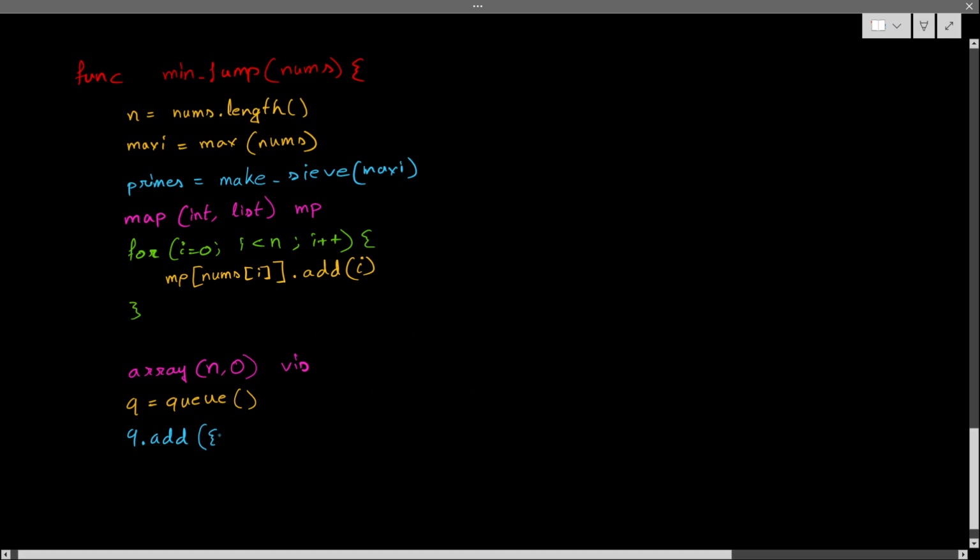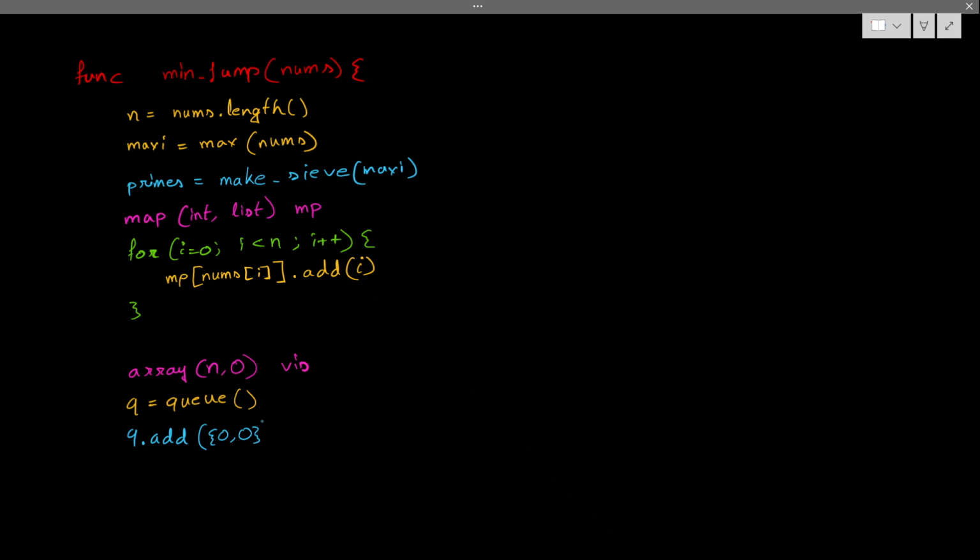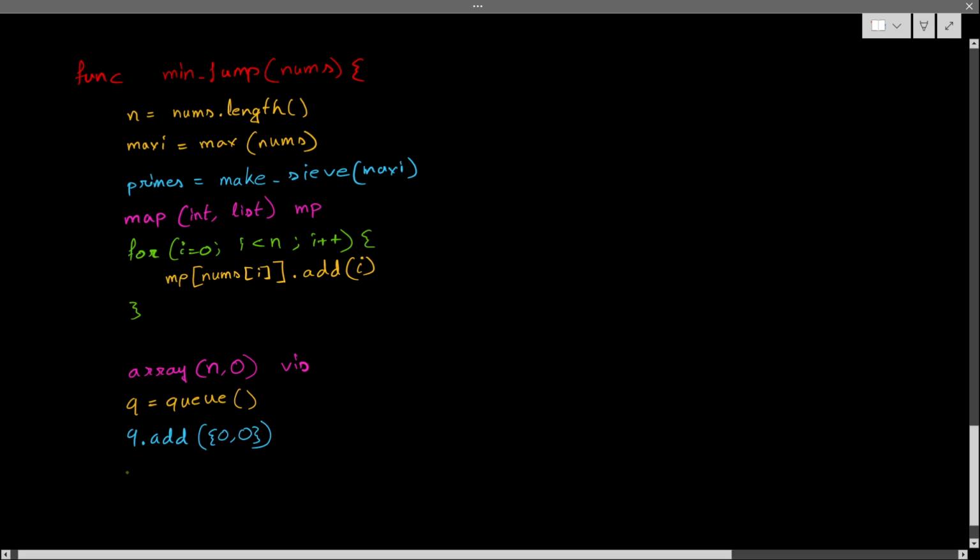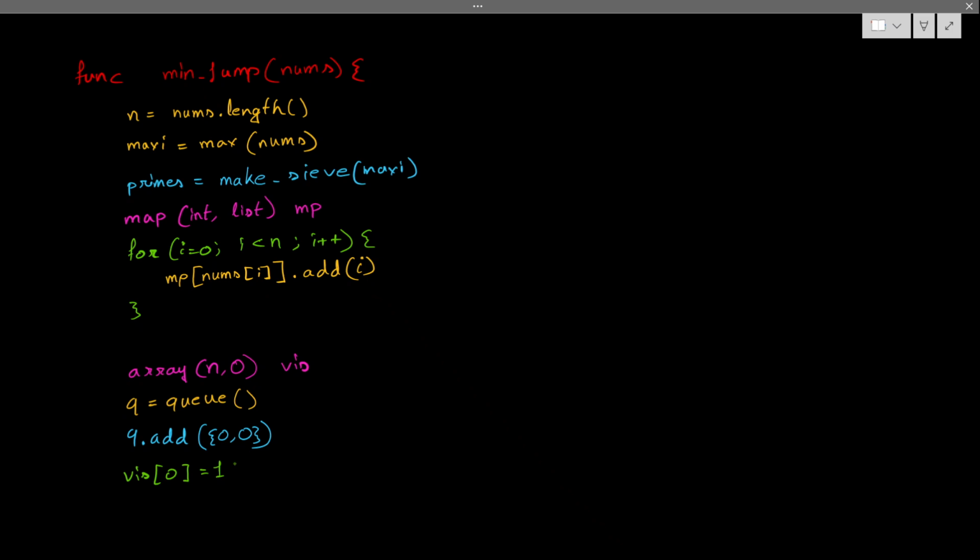Let's say I'm inserting a list, where the first is the index and the second is the step to reach that index. Initially I am at the 0th step, and I have already visited my 0th index. So that's why I'm writing visited of 0 is 1. I have already visited it, right? Because I'm adding it to the queue, that means it is visited. So that's 1.